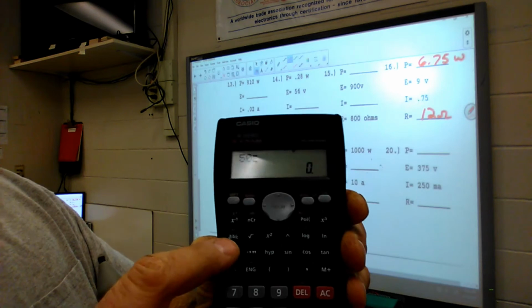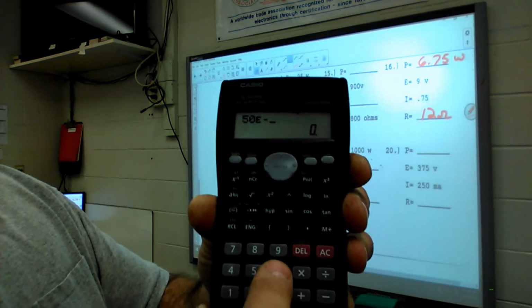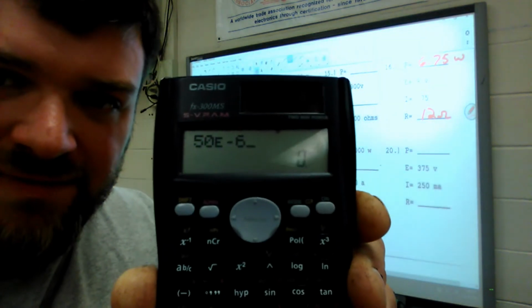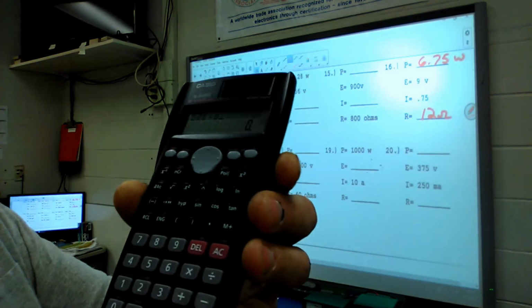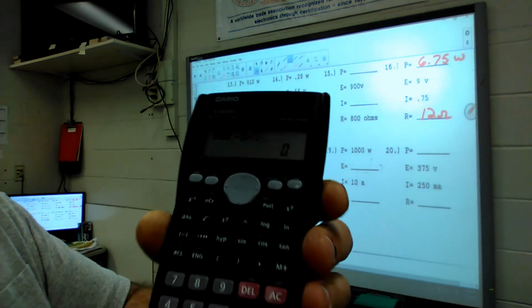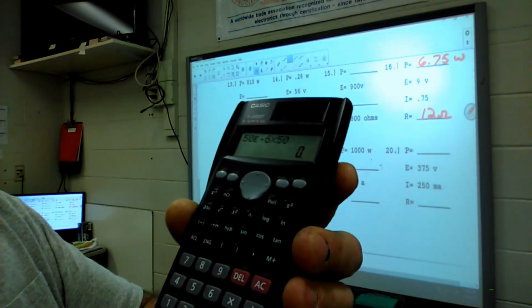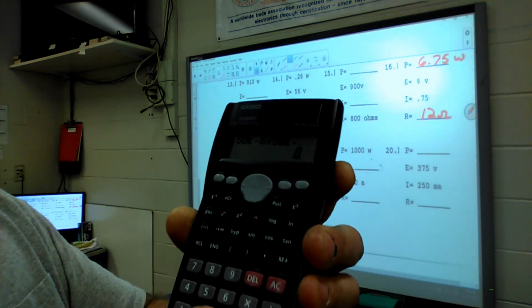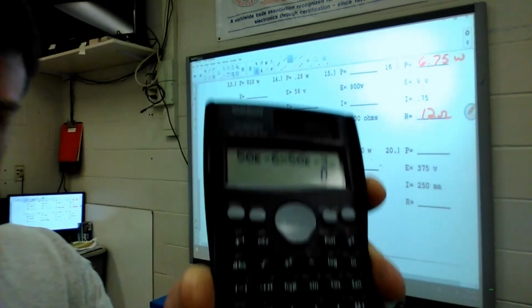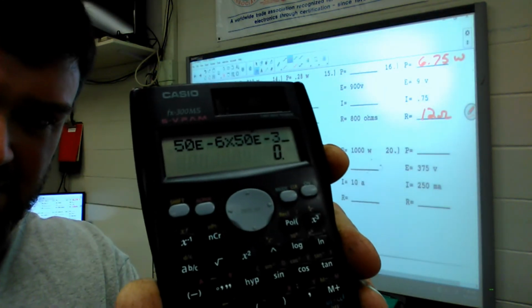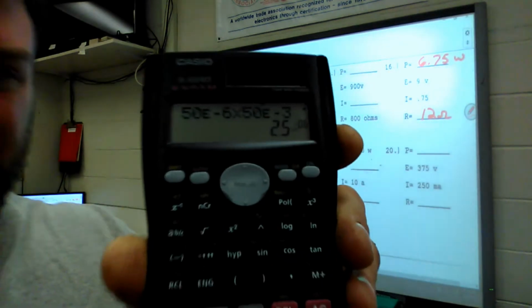So you're going to hit -6. Okay, can you see that? 50 micro. There's your 50 microvolts. We're going to multiply that by 50. Hope that's showing up. Exponent -3 for milli. I think that's in there. Okay, hit equals.